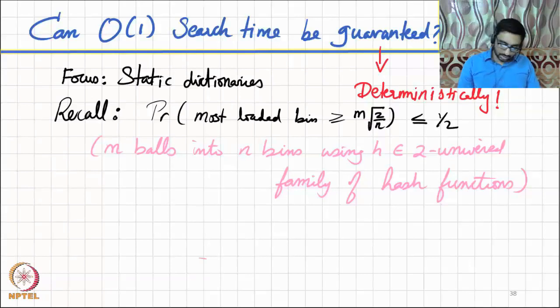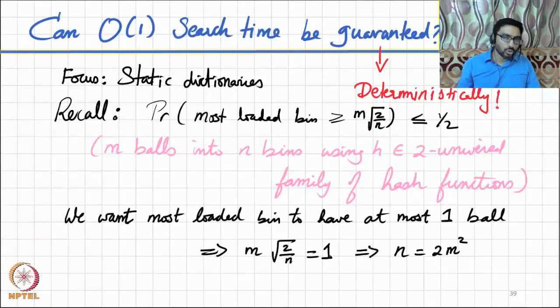We have m balls and n bins, and these balls are hashed into bins using a hash function that's chosen uniformly at random from a family of hash functions. Then we know that the probability that the most loaded bin is more than m times square root of 2 over n is at most a half. So if we want constant query time, we have to ensure that this m times square root of 2 over n is 1 or lesser.